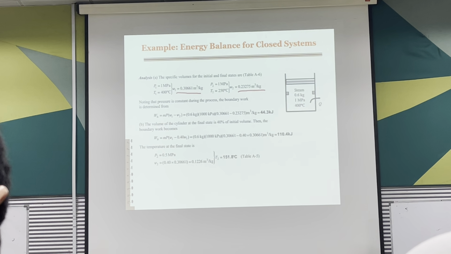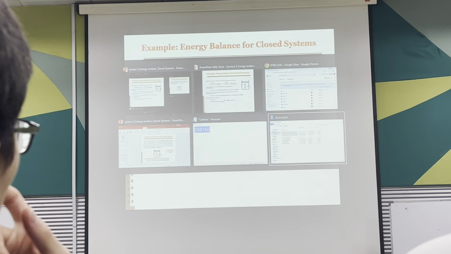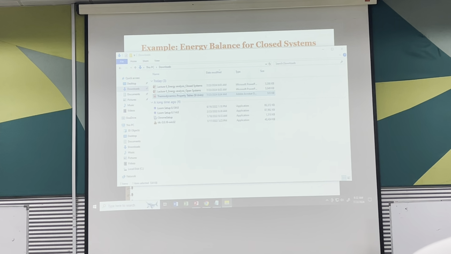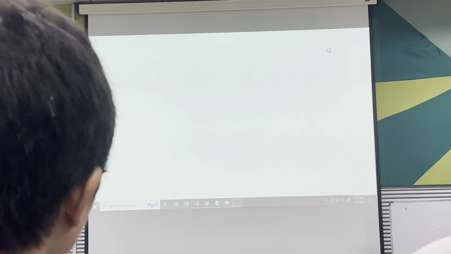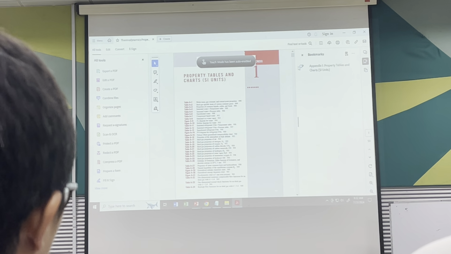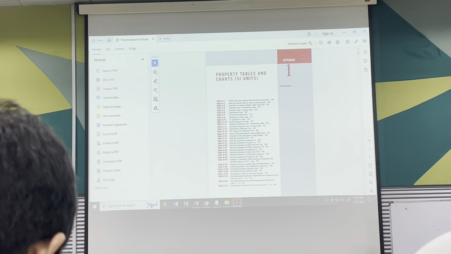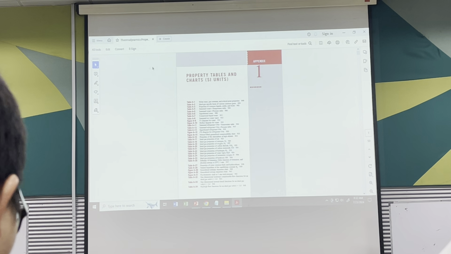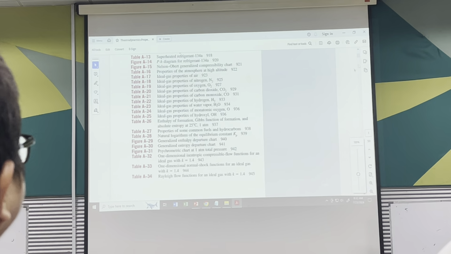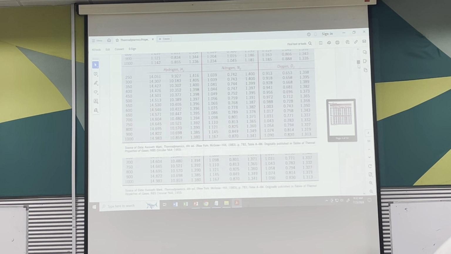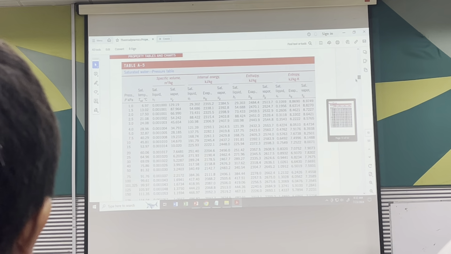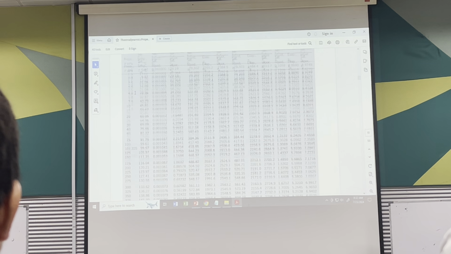So if you go to the properties table, I'll just show you one time. Okay. So if you go to the properties table for water, we can refer to the pressure table.